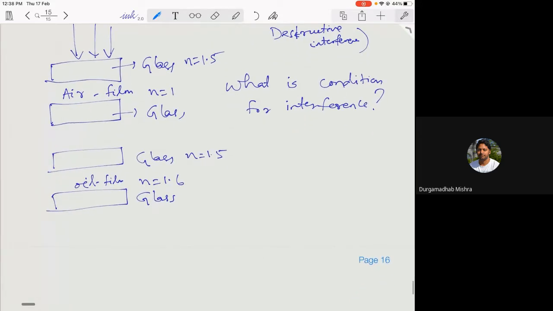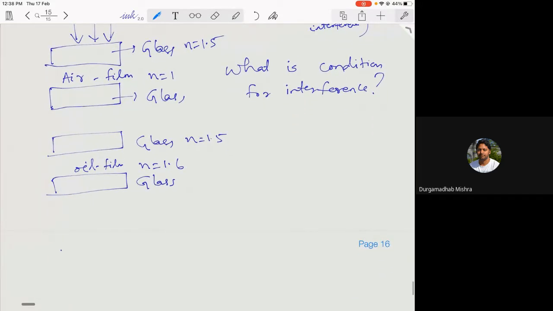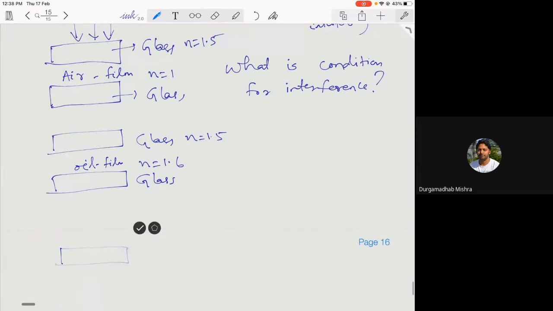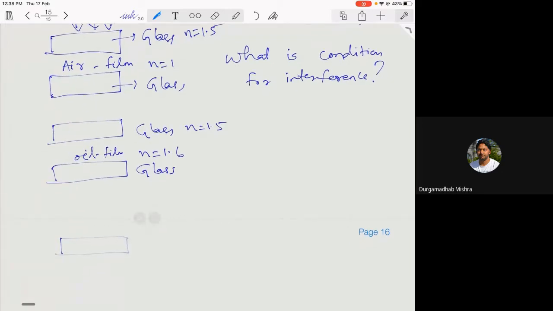The third situation is I have an oil film here, but I have another glass here. Here n is equal to 1.5, here n is equal to 1.6, and here n is equal to 1.67, let's say. So I have 3 different situations.